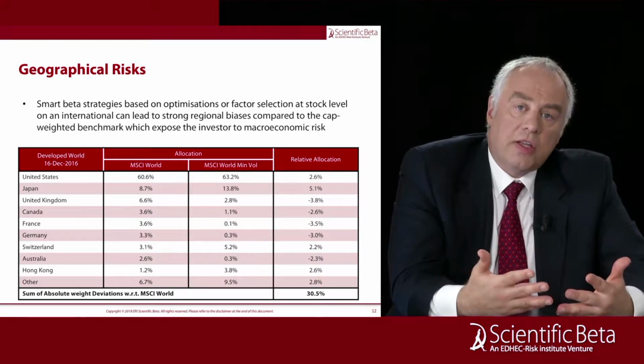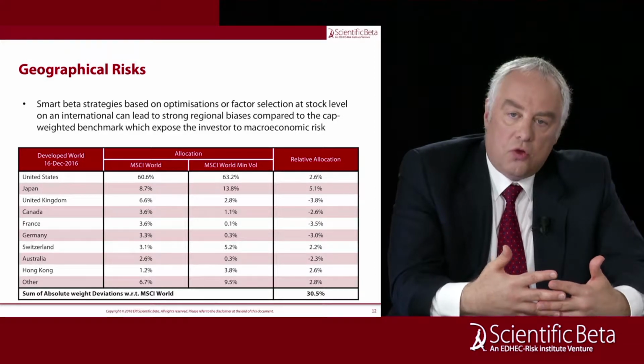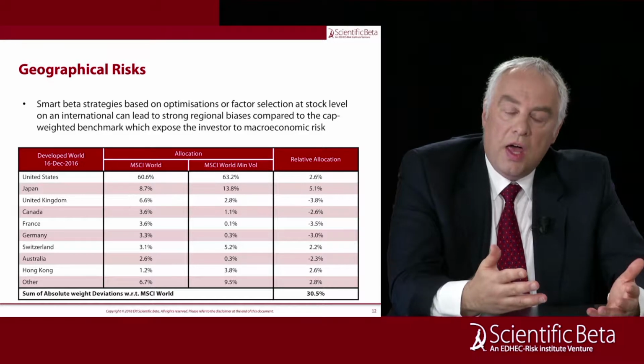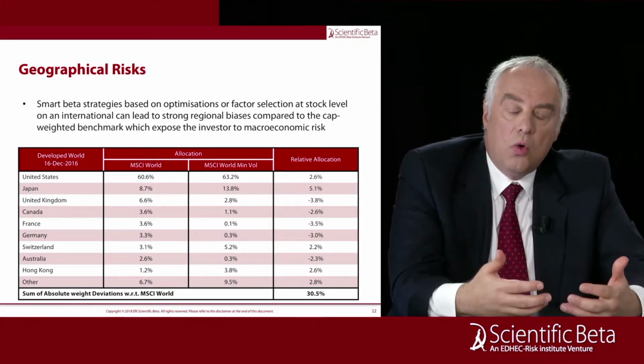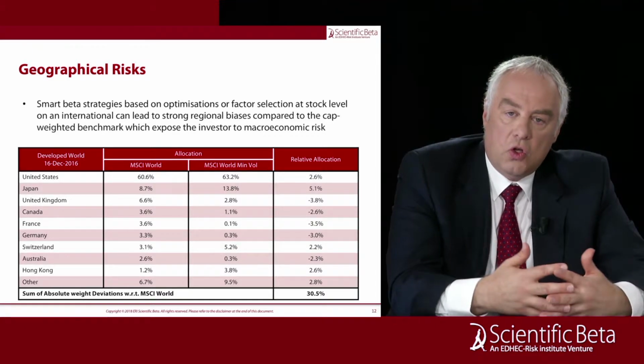So smart beta strategies that are designed or created through optimizations on an international universe tend to lead to strong regional biases, even though a provider may try to control for those to a certain extent.